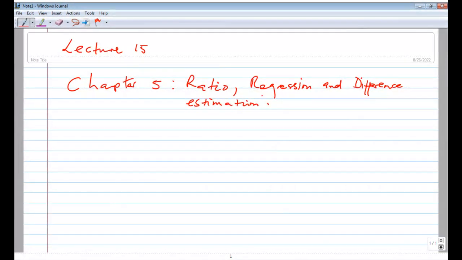So that's chapter 5. We are going to talk about ratio, regression, and difference estimations. Today we're going to start with the ratio estimation.